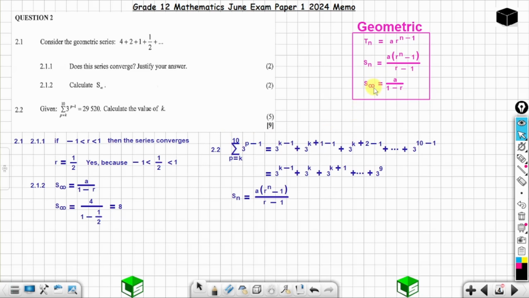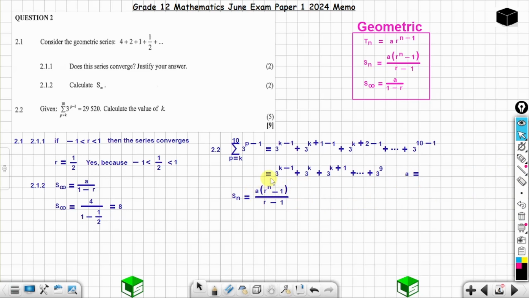In this question, this is not the sum to infinity. So we need to use this formula. We need to find A.